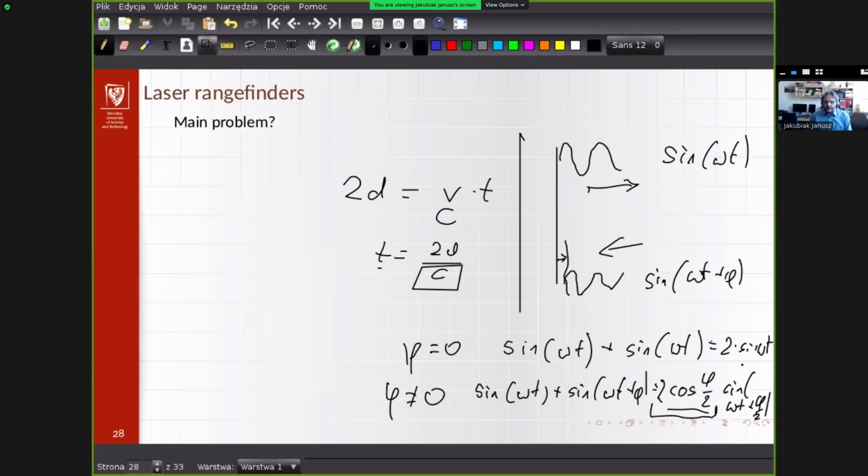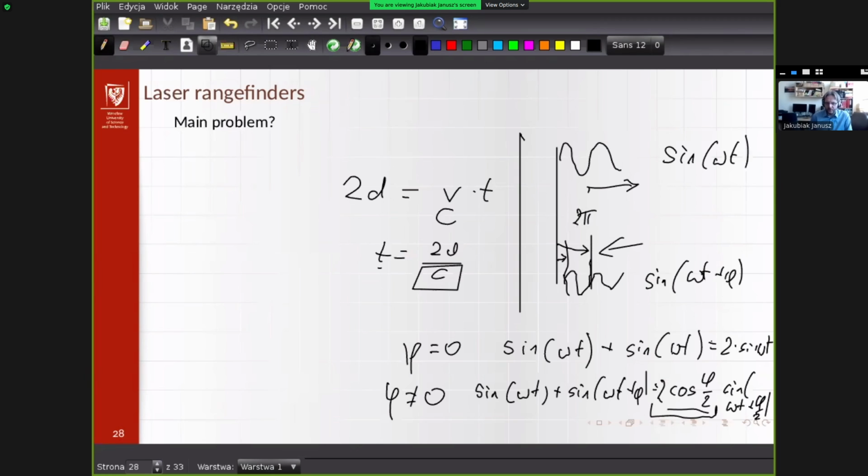So as you can see, knowing the change of the amplitude between these two signals, you can measure the phase shift, and based on the phase shift, you can measure a distance. Of course, it comes with some additional issues, because when you look at this wavelength, this phi, in fact, is repeated with the period of 2 pi.